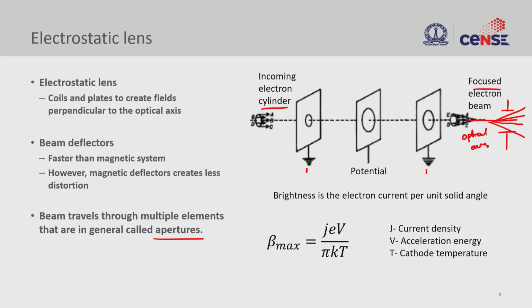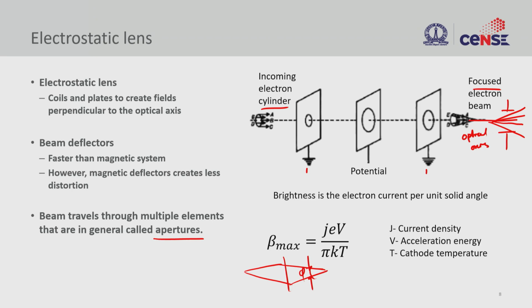The brightness that you achieve depends on the current that you get per solid angle. If a beam is being focused, it depends on how much beam is captured within this particular solid angle, so that is the current generated. As we already saw earlier in projection lithography, there is something called a pupil lens.